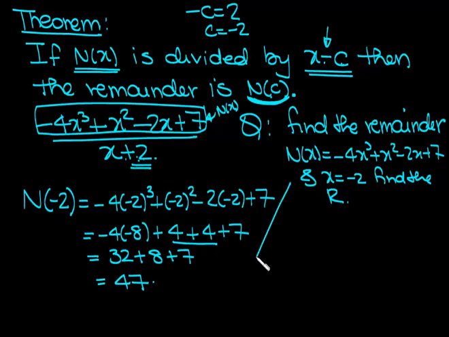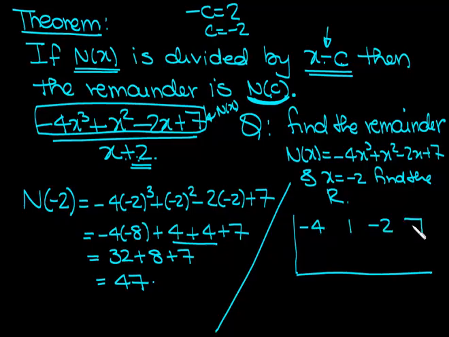I could have also found my remainder, like I said, two other ways, by synthetic division or long division. So let me do that to check this answer. So I'm going to have negative 4, 1, negative 2, 7. I'm going to divide by negative 2. So I get 0, negative 4. Negative 2 times negative 4 is 8. We get 9. Negative 2 times 9 is negative 18. We get negative 20.